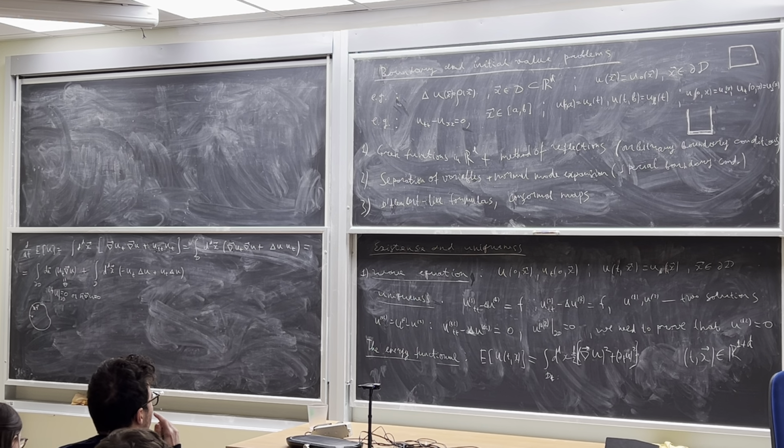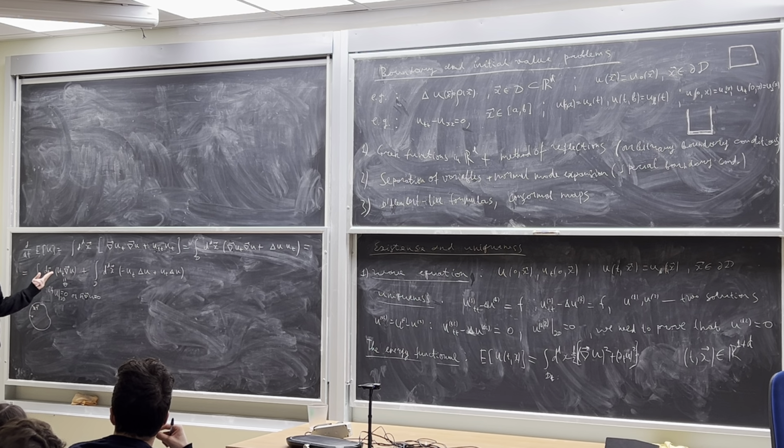But if you write mixed conditions where there is some linear combination between u and this gradient of u, then we need to add some quadratic term in u, which is the energy of this spring that gives this boundary condition. But maybe it's better not to go into the details.